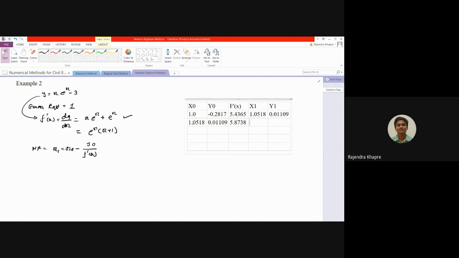And how about x1? 1.0499. And how about y1? Minus 0.40405.